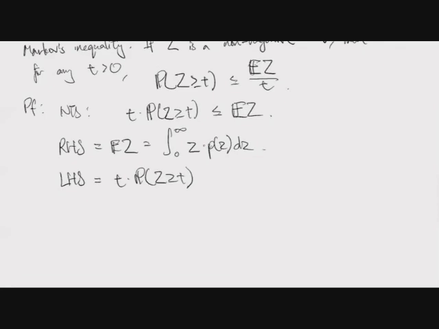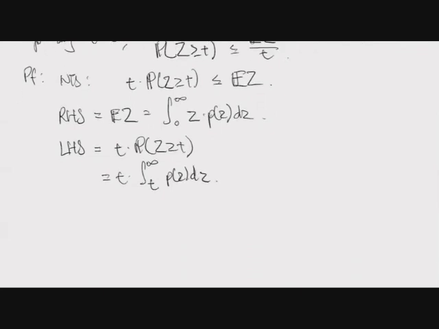Now I want to expand this probability in terms of the integral. This is simply going to be the integral from t to infinity of p(z) dz. But then I can rewrite this as t times the integral from 0 to infinity of an indicator that z is bigger than t, p(z) dz.